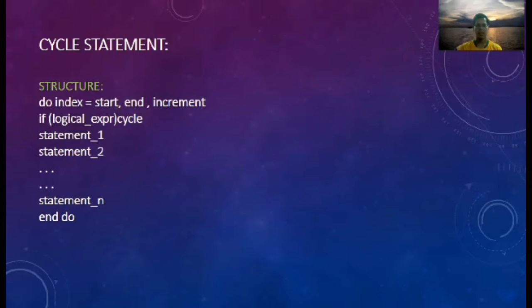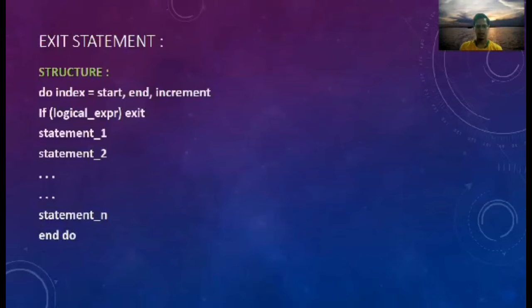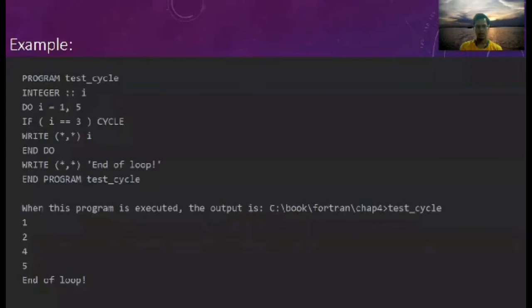Here is the structure of a cycle statement. In this way, we can use the cycle statement. Here is an example where I write a code to show the first 5 positive integers, and I don't want to see the output integer 3.